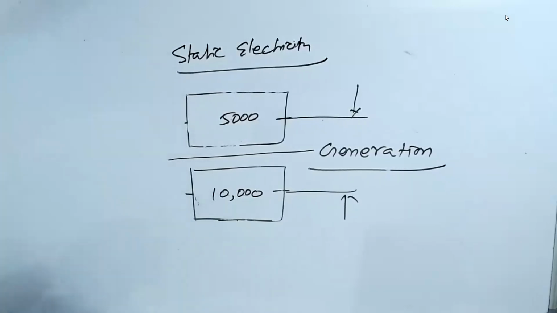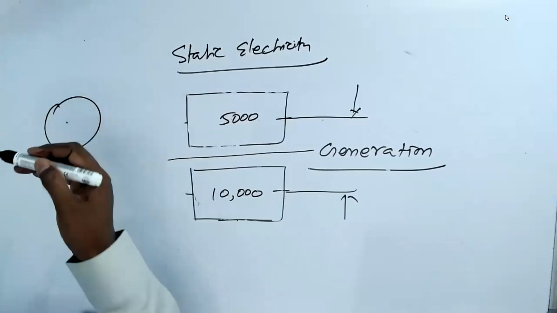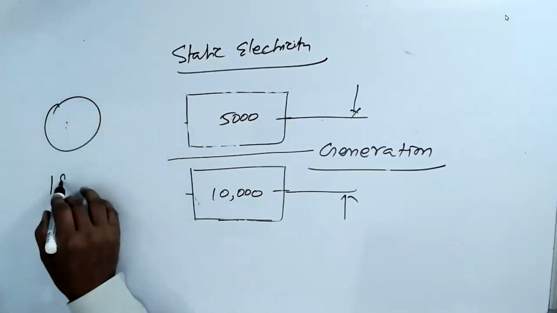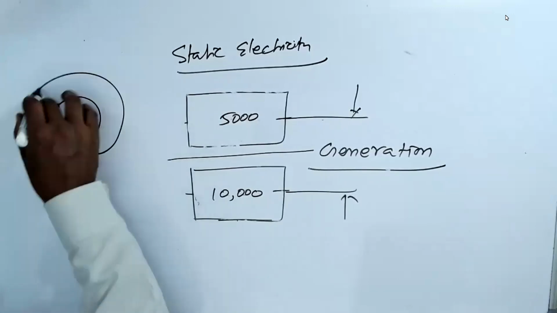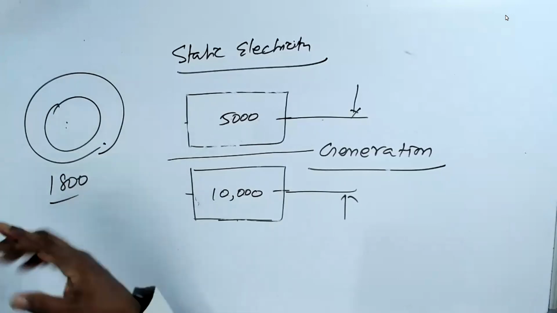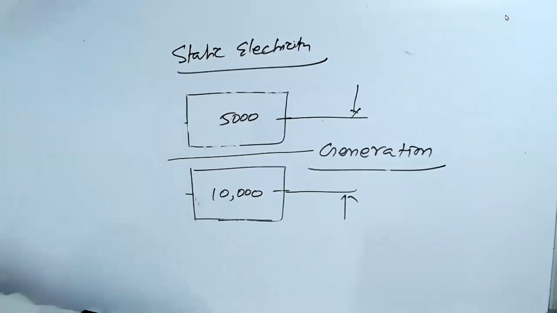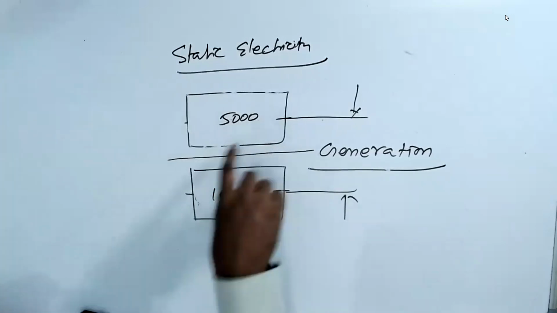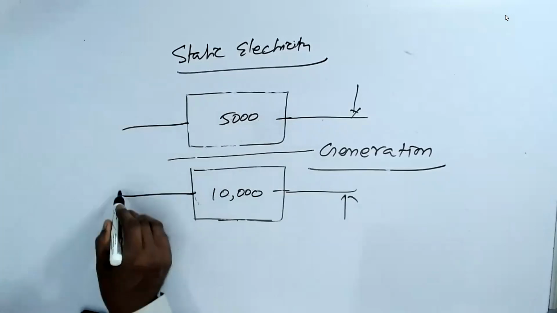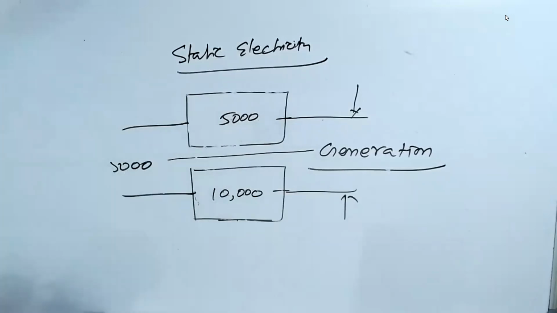Later they found out that, hey, this guy is too heavy. How much heavier? The proton is 1,800 times heavier than the electron. Because of that, the proton cannot be moved. Only the electron can be moved. So here less electron, more electron. The difference is 500 electrons. But unfortunately, electron is negative.